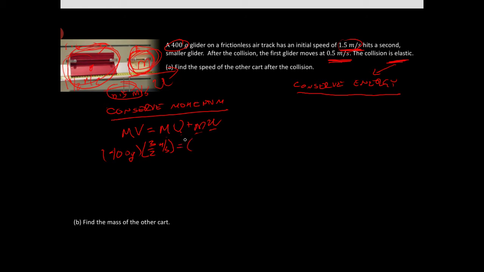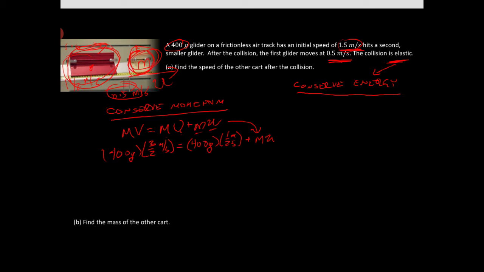That's equal to 400 grams for the large glider. It hasn't changed its mass. Times its final velocity, which is 1/2 of a meter per second. I hope I have enough room. Probably should have cut this into more spots. Plus m times u. So this guy, we don't know those guys, we just have to keep them.